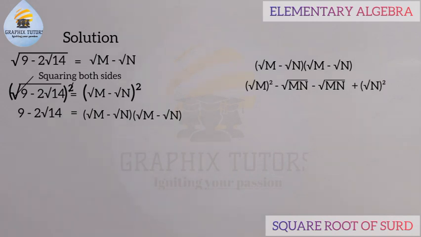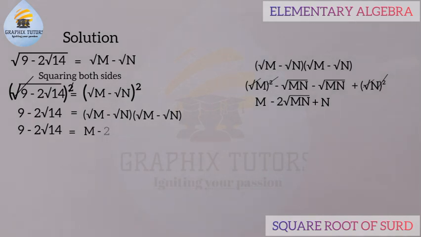Now, square will equate square roots, and we will now be having m minus root mn minus root mn will give us minus 2 root mn, then plus n. Is that taken? So we'll now write it out this way by saying 9 minus 2 root 14 will now give us m minus 2 root mn plus n.